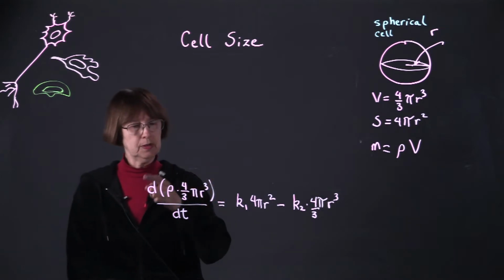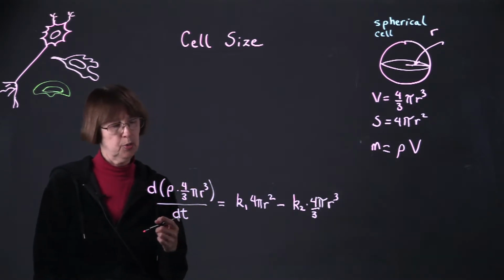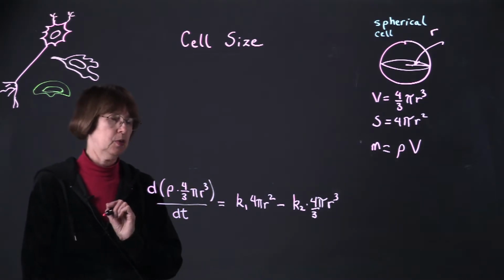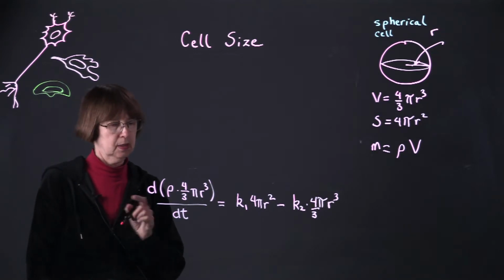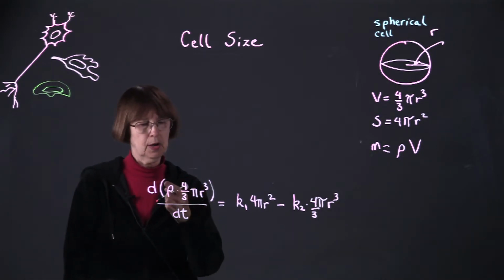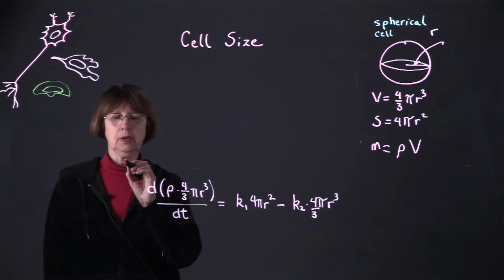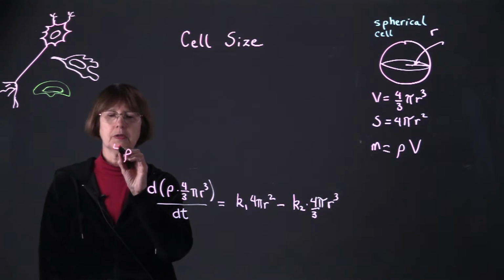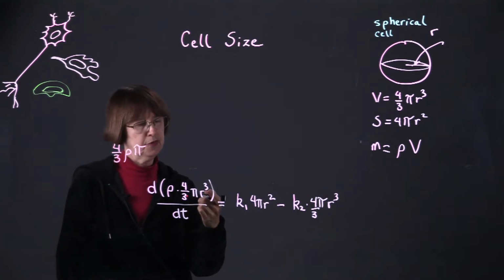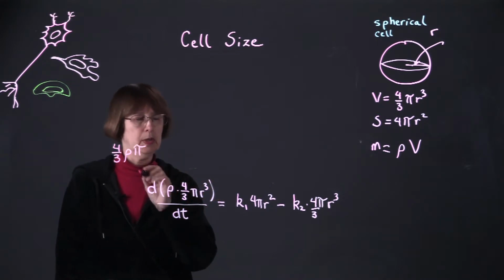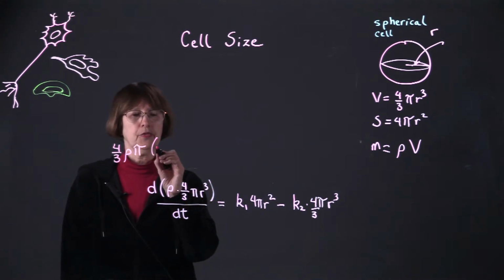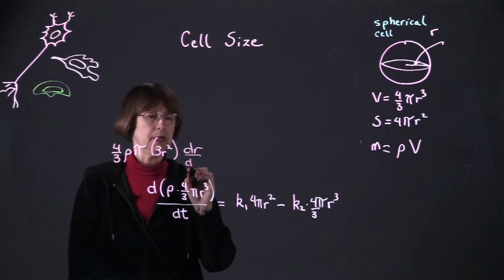First of all, on this side of the equation, we see a problem that we previously dealt with in related rates. So what we can do here is take the constants out, which will give us a 4/3 rho pi, and then differentiate using the chain rule, which will give us 3r squared dr dt.